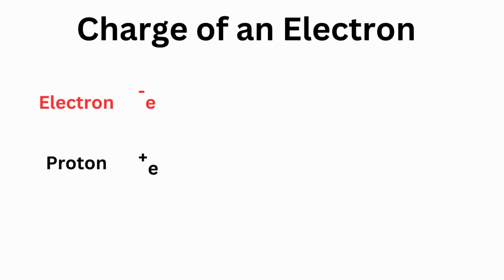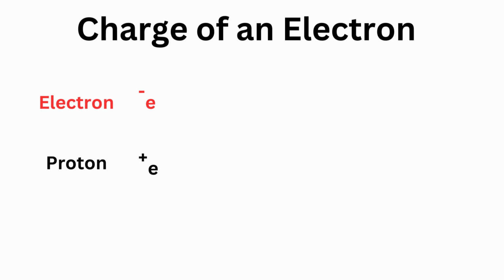Now that we know the unit of charge, next question would be, what is the charge of an electron or a proton? Would it be 1 coulomb each? We'll see. Here, let me remind you that the electron and proton are exact opposites.